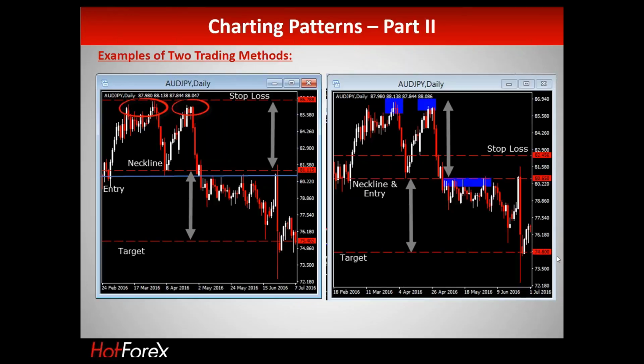Do you want to confirm that your neckline has become a resistance and enter? Once you confirm that, you can enter the market at that point. If you want to get quickly in the market and set your stop loss far away to be sure you will not get stopped out, then you can enter once you have seen a sharp confirmation that the neckline was broken, like this example over here.